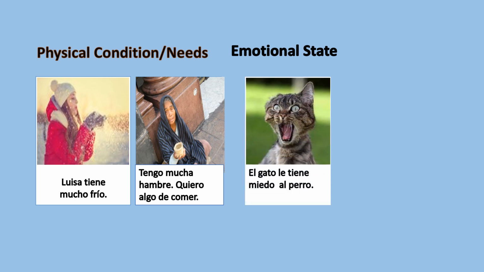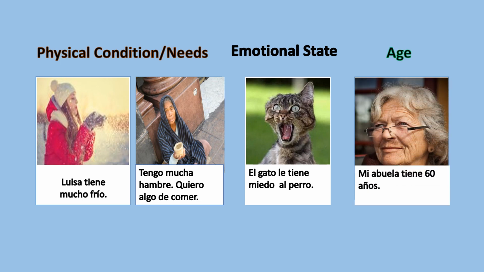El gato le tiene miedo al perro. The cat is afraid of the dog. And the last one, age. Mi abuela tiene 60 años. So remember, P stands for physical needs, emotional state, and age.